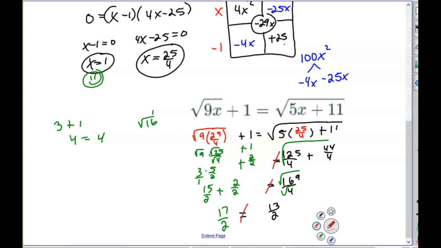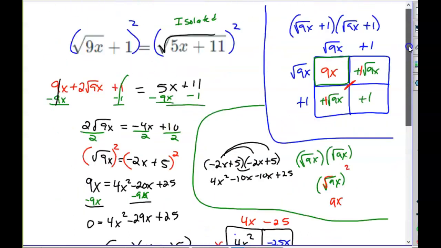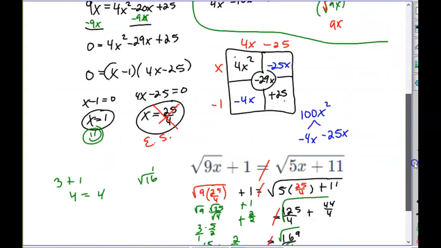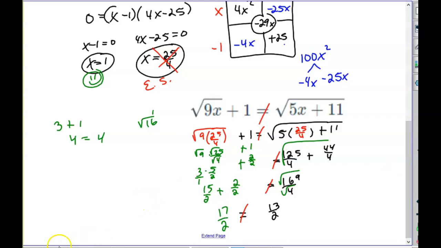So that doesn't work, which we can abbreviate as extraneous solutions. That's a lot. And I might say this right here is probably the most amount of work that you're going to do for a problem in this class this year. I'm not 100% confident on that, but I know it's close.